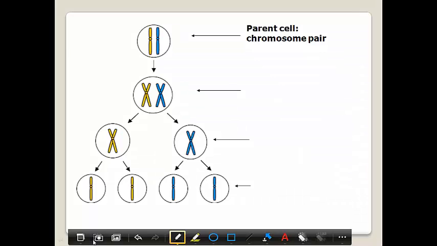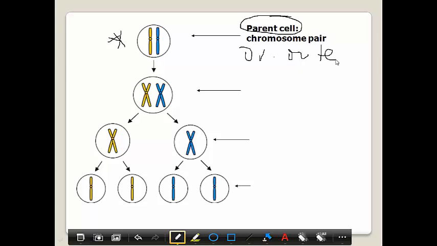This first little circle at the top represents the cell that's in the ovaries or the testes. We call it the parent cell, but that just means the cell that we started with. Again, this is going to be in the ovaries, I'll abbreviate, or testes.